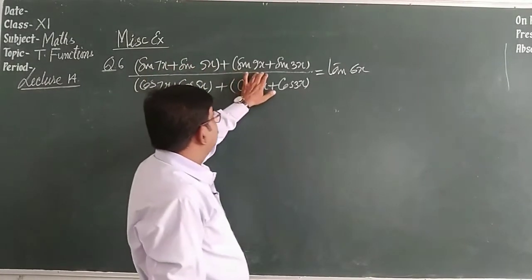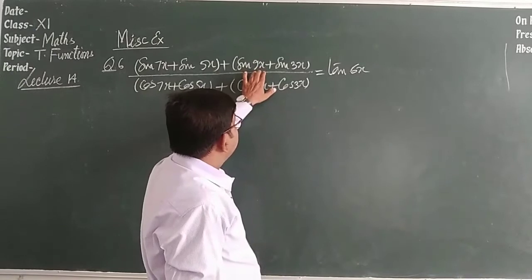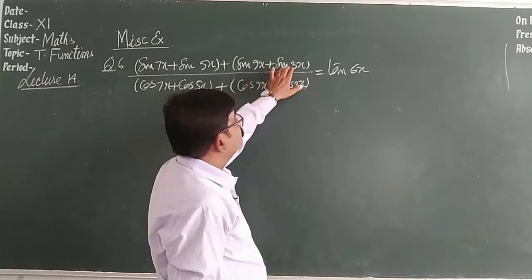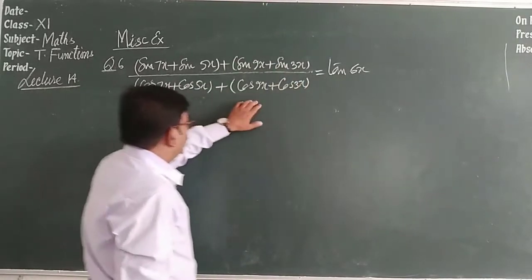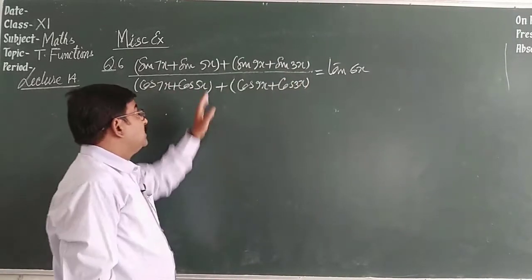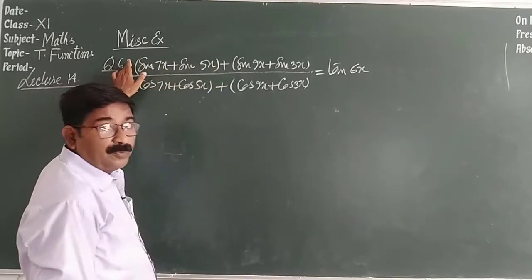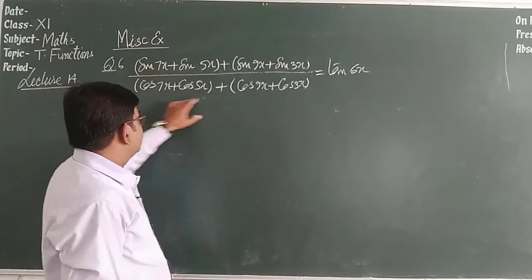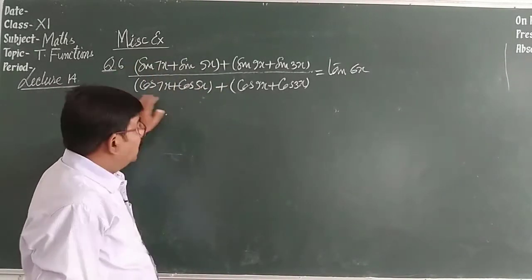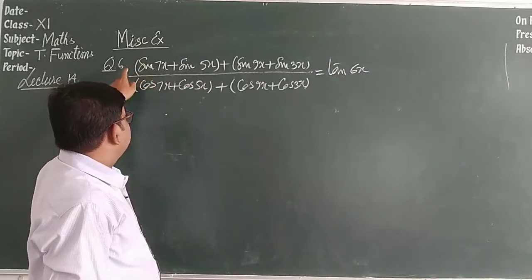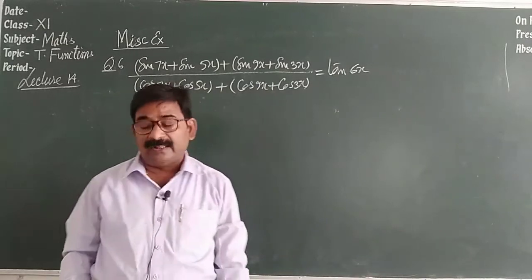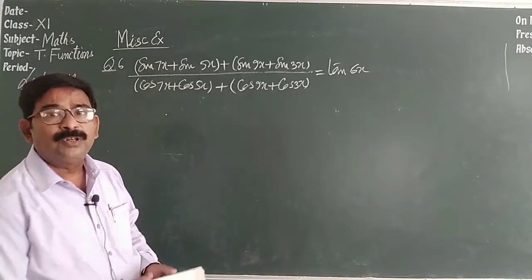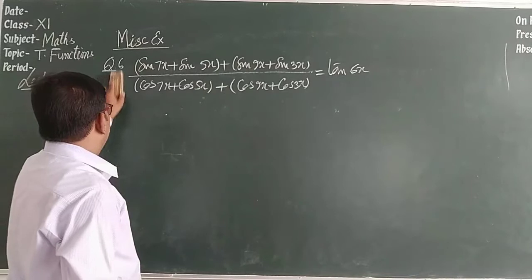Here we get 2 sin 6x into cos 3x. Using the cos formula, finally you will see that sin 6x is common from the numerator, cos 6x is common from the denominator, and the other terms will be cancelled. Sin 6x upon cos 6x is equal to tan 6x. So you will try this question yourself. If any doubt, you may contact me. I am leaving this question for you.